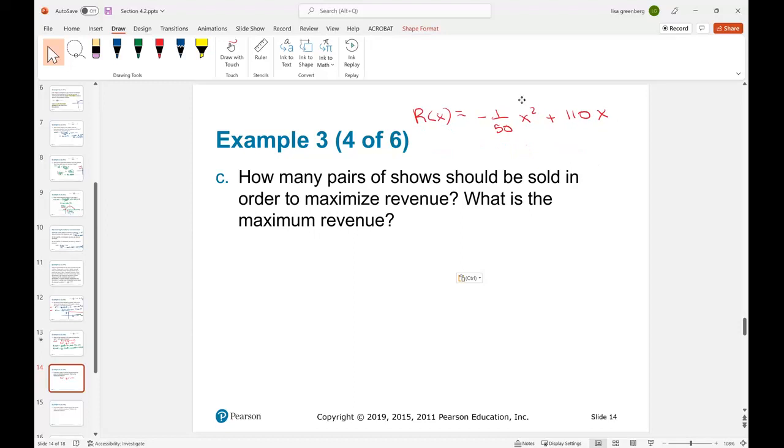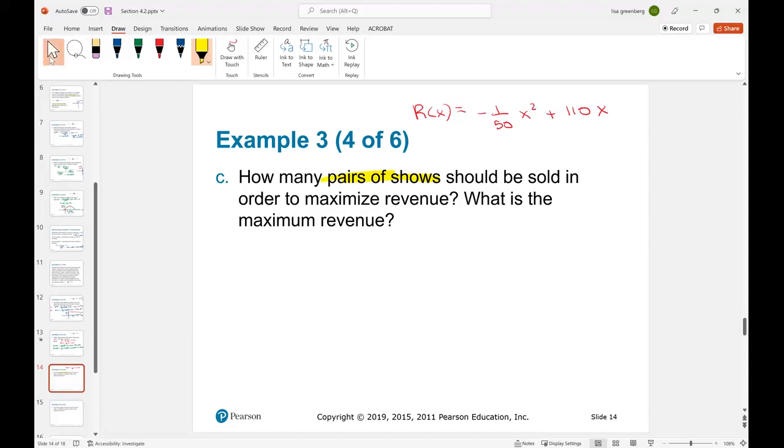Yeah, looks good. All right, so there's my revenue formula. And we can see again that this is a parabola and it's opening down. So my maximum is going to be at the vertex. So how many pairs of shoes? Well, X is equal... Actually, it says how many pairs of shoes.